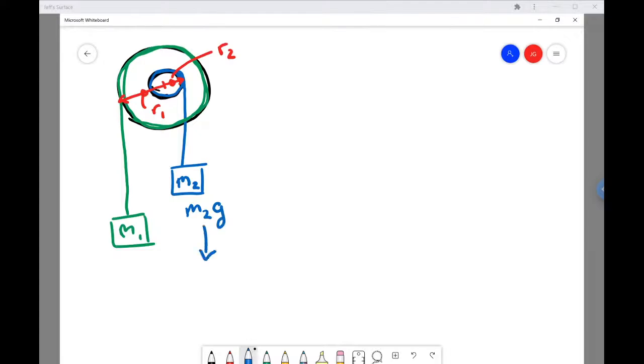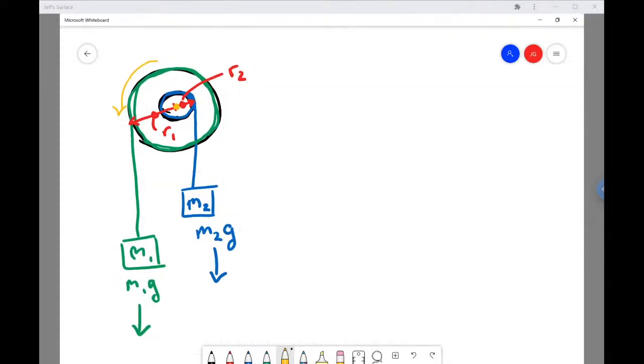So these are forces that are pulling down on this system. Mass 1 is exerting a force at a distance equal to r1 away from the axis of rotation here in the middle. That's going to generate a torque that has a counterclockwise sense. It's going to tend to want to make this wheel rotate counterclockwise.